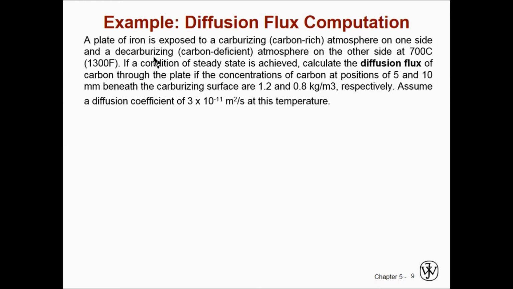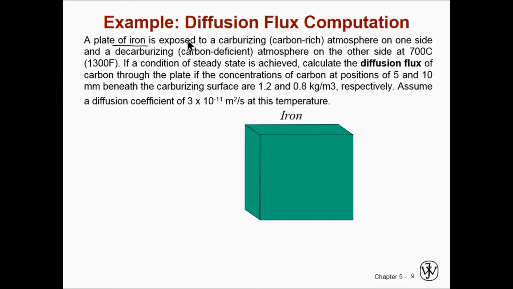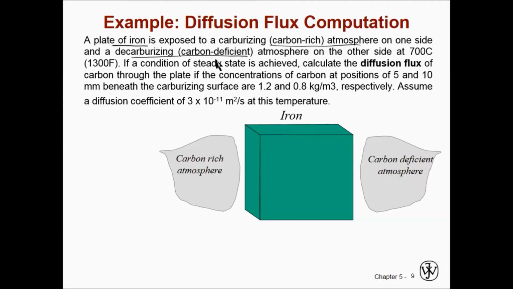Let's do an example. We have a plate of iron. On one side we have a carbon rich atmosphere, on the other side a carbon deficient atmosphere. We will decrease the temperature to 700 degrees Celsius.